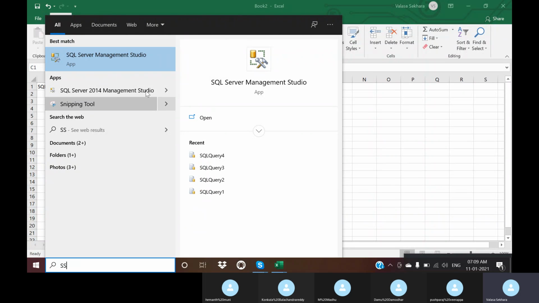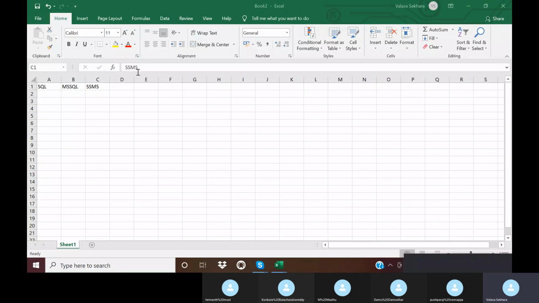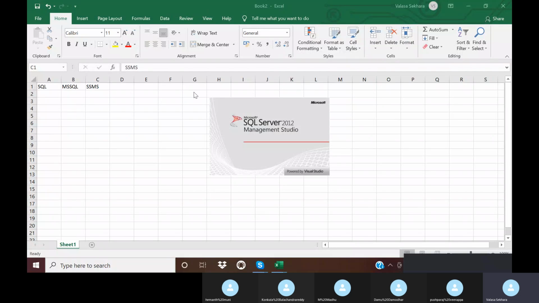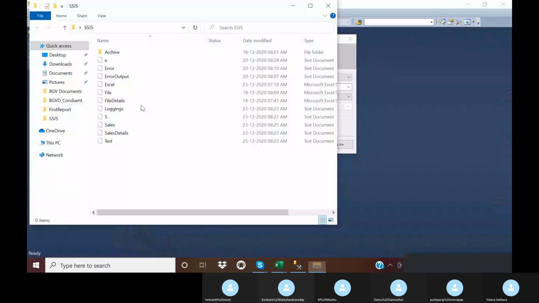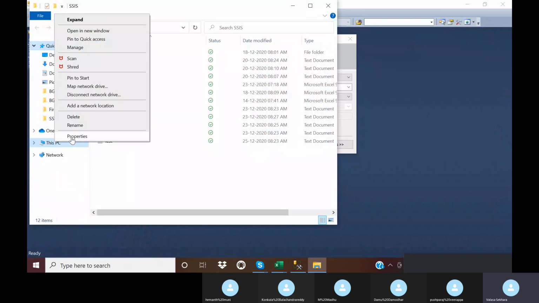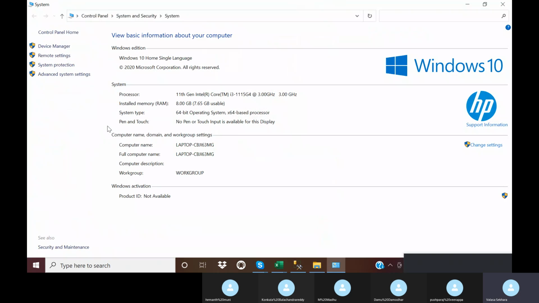With the help of this tool, we are connecting to the server. Which server? The database server. Here it will ask for the server type, and we need to select Database Engine. The server name will be the default machine name. If you want to know the machine name, go to My Computer properties, where we have the computer name.